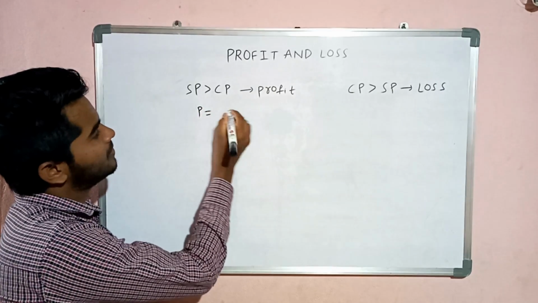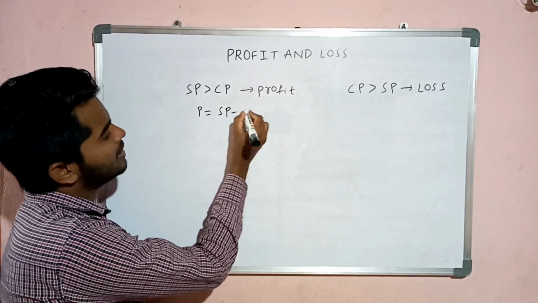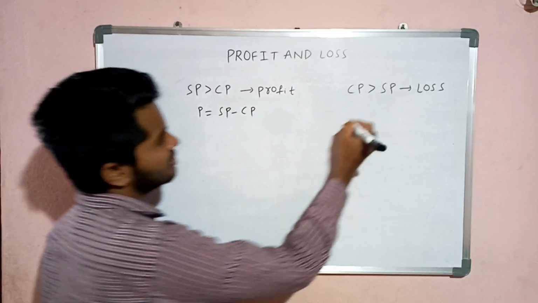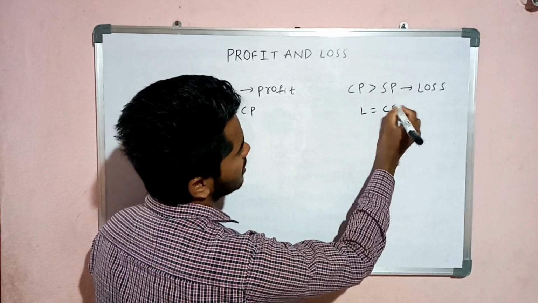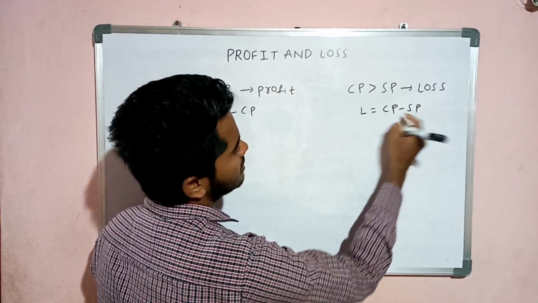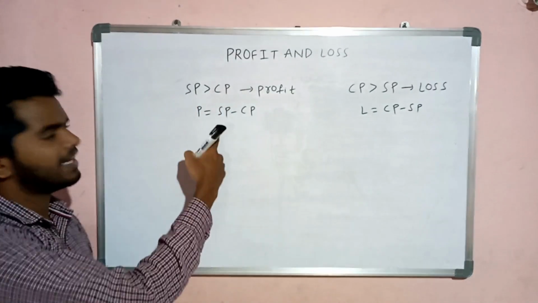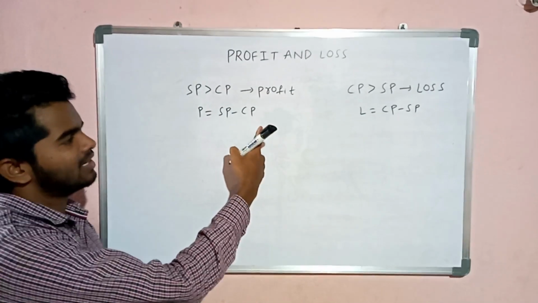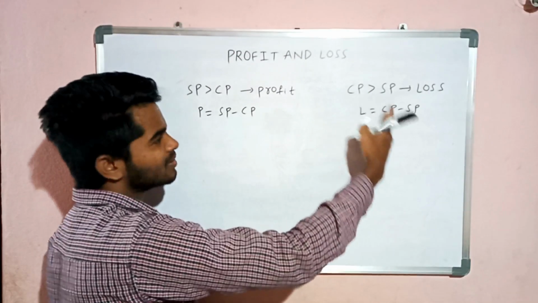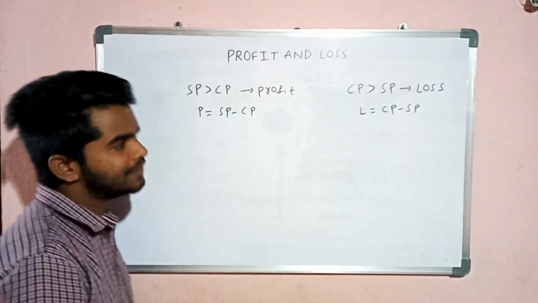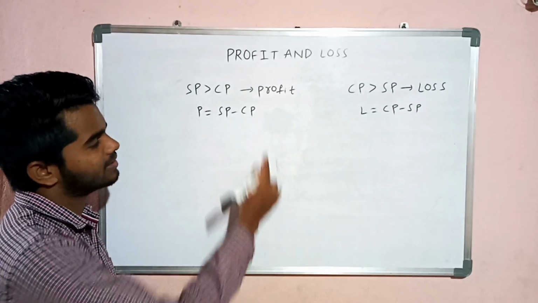So profit equals selling price minus cost price. Loss equals cost price minus selling price. For profit, selling price is the more value, so more value minus less value. Here for loss, cost price is more, so cost price minus selling price.